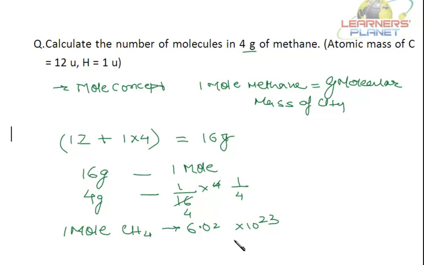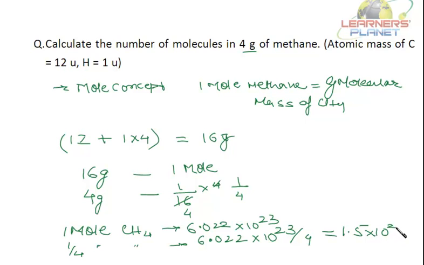So 1 by 4 mole of methane will have how many molecules? 6.022 into 10 to the power 23 divided by 4. So what will it be equal to? Approximately 1.5 into 10 to the power 23 molecules.